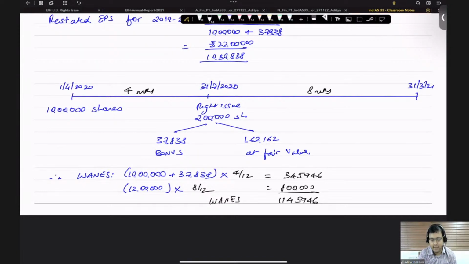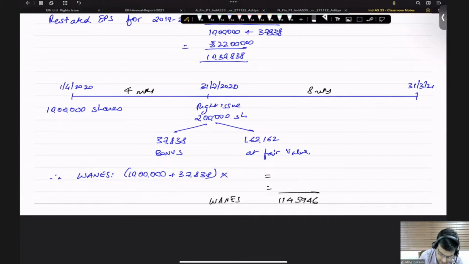ये तो एक method है करने का. Let us look at another method. Answer same आना चाहिए. 10 lakh plus 37,838 was there for entire 12 months into 12 by 12. So this comes to 1037,838.